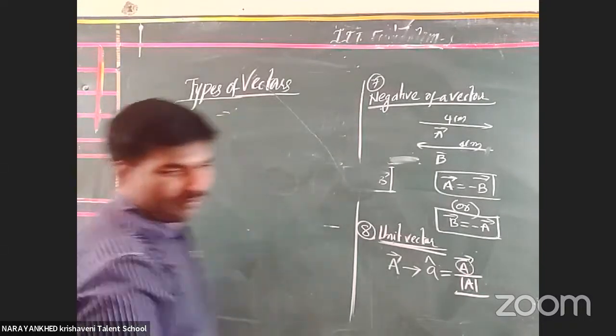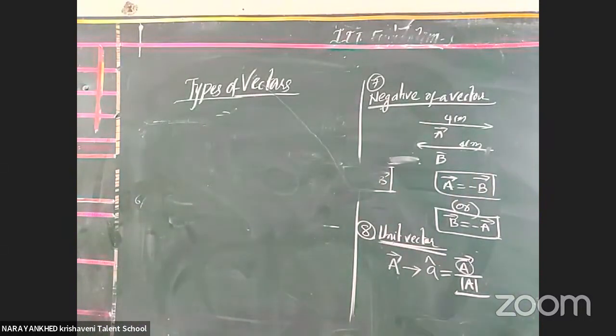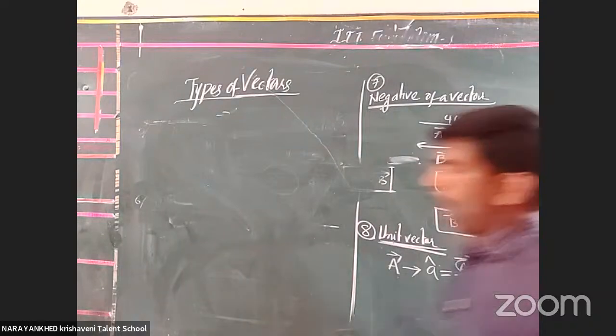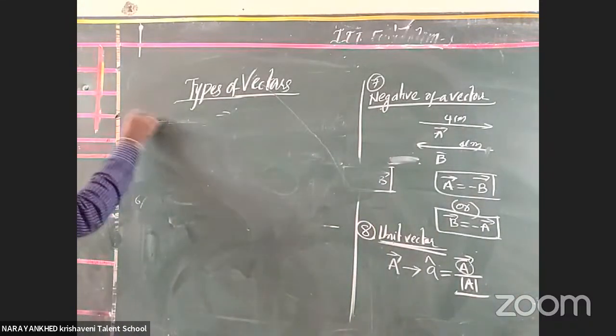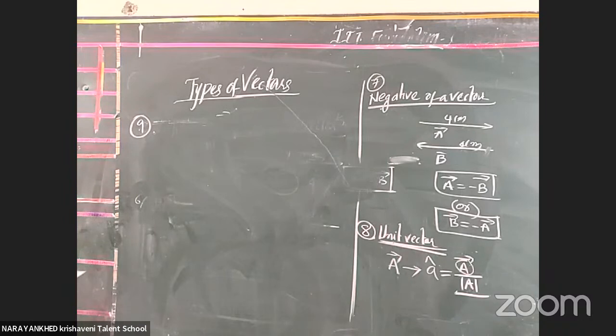Next, after this, we are going to the ninth one, the zero vector. Which one is called a zero vector?